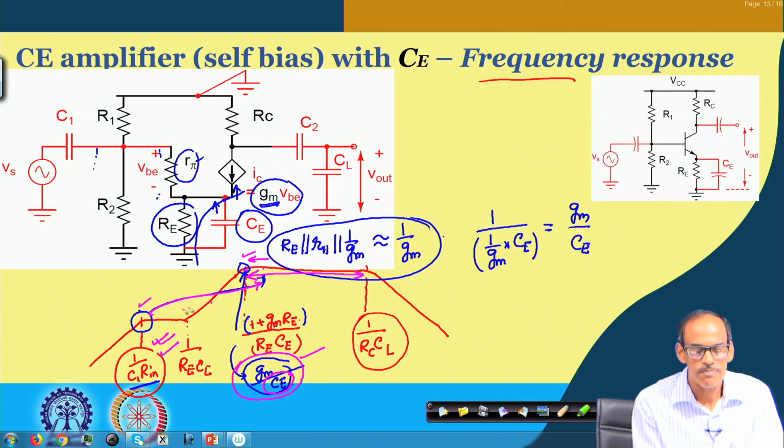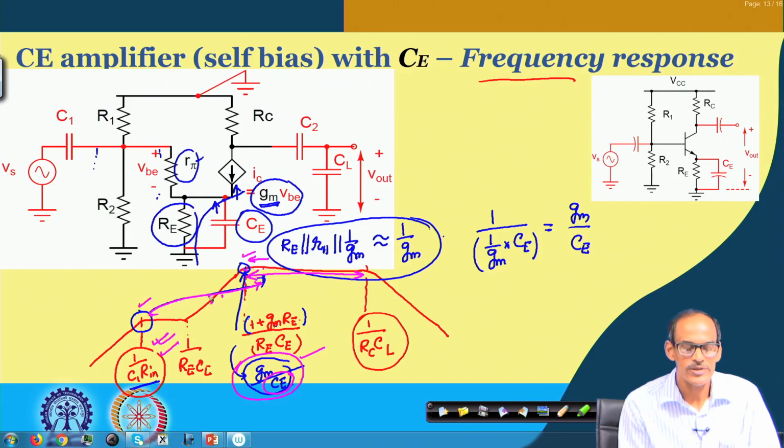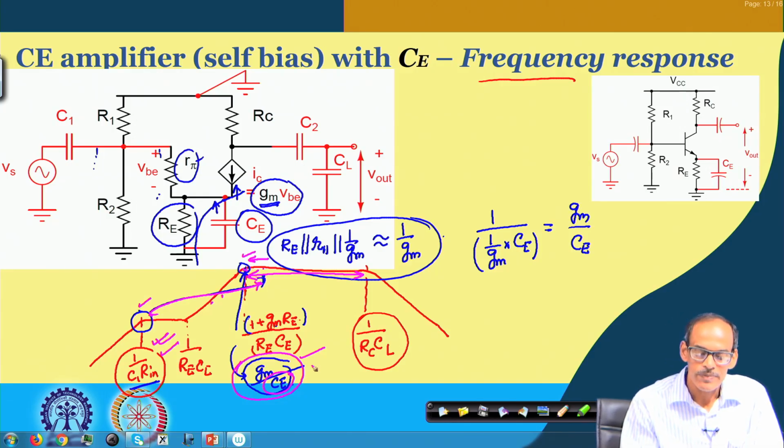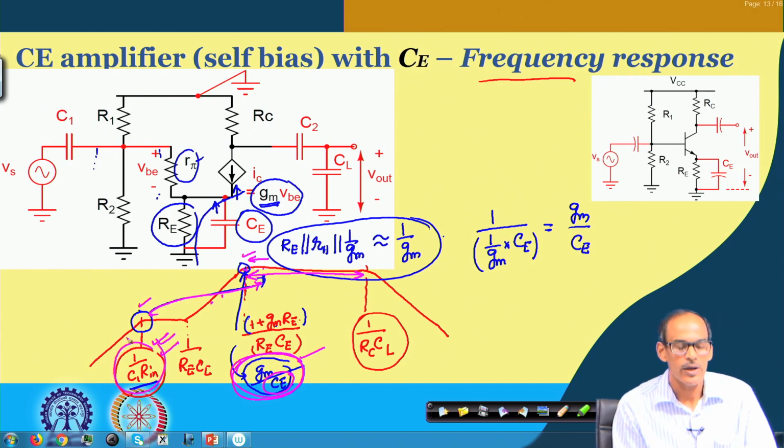If it exceeds this point, the frequency response will be slightly different, but nevertheless I have to define the lower cutoff frequency. I have two candidates, one is gm divided by Ce, another one is 1 by Rin and C1, and whichever is higher is the lower cutoff frequency.